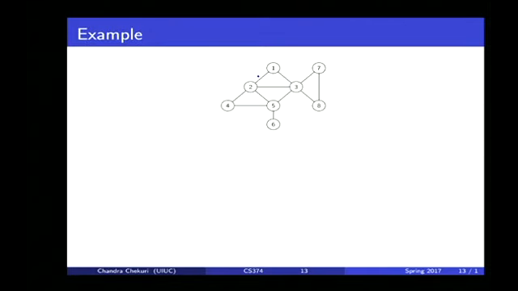And what is important though is that these levels have some very nice properties. So if I start with 1, this is level 0. What is at level 1? 2, 3.